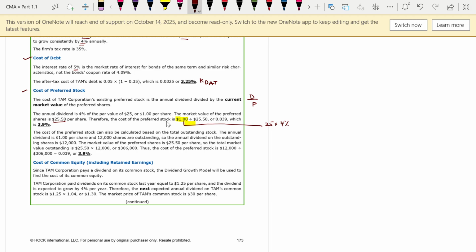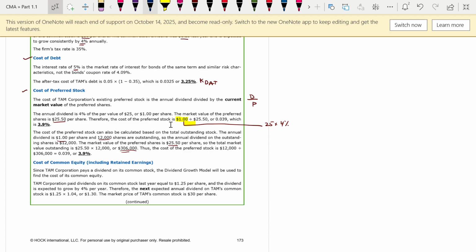The cost of preference shares can be based on the outstanding dividend. The number of shares is 12,000 outstanding. The market value is 25.5. Total market value outstanding is 25.5 times 12,000, which is 306,000.